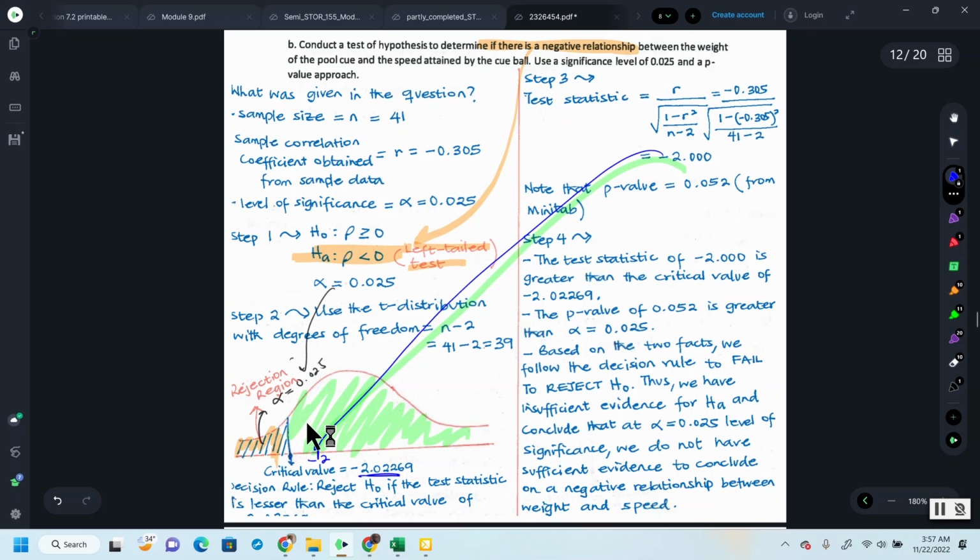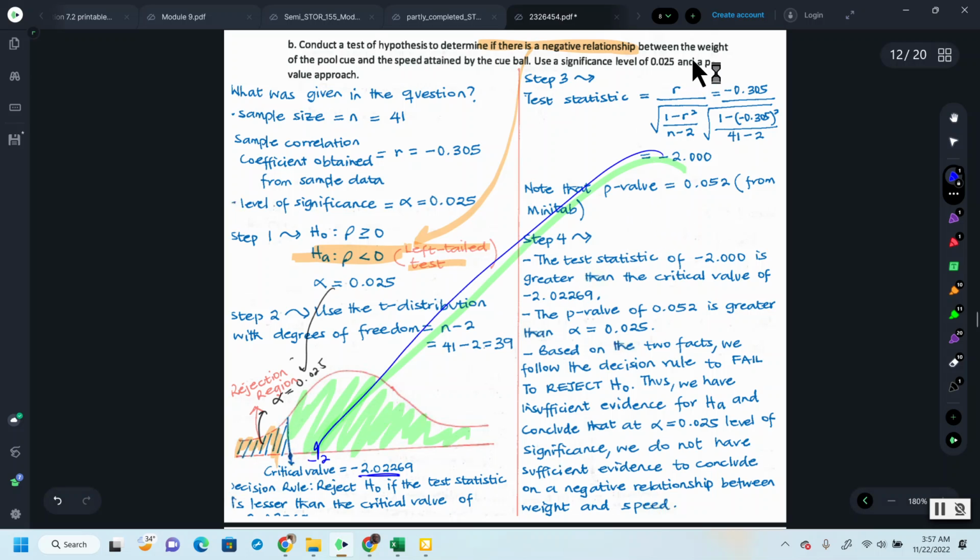So we already know what our final decision will be if we go by the test statistic relative to the critical value. As it stands, we're not going to reject the null hypothesis because the test statistic value does not fall in the rejection region, which is to the left of negative 2.02269.